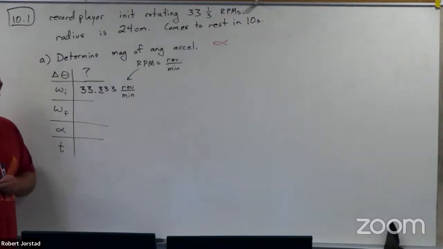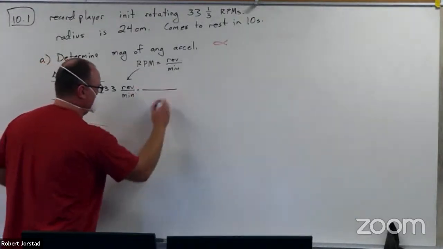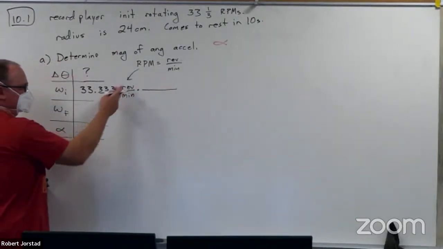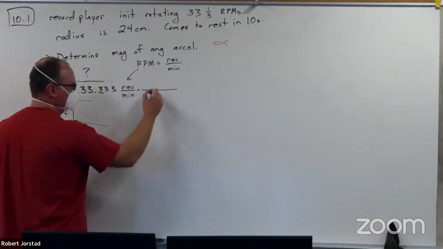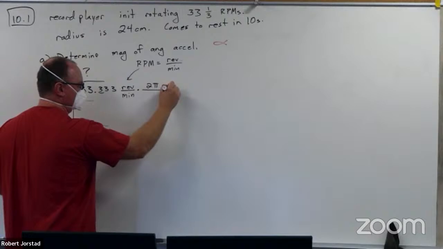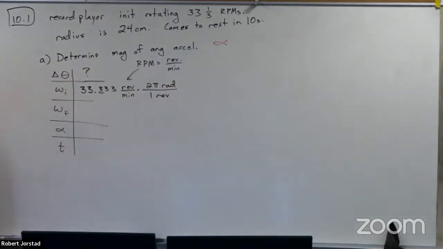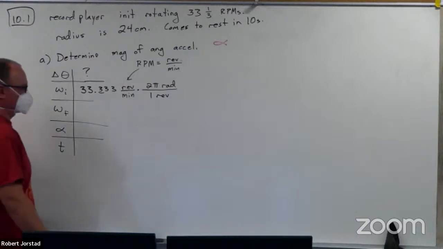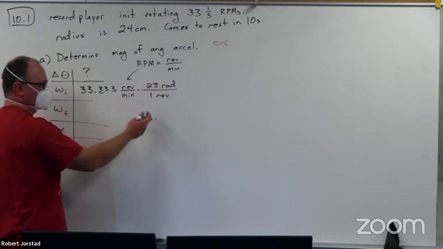Immediately, I feel uncomfortable. Let's get it into radians so I don't screw up. What's the conversion? Does anybody recall? How many radians for a revolution? 2 pi radians equals 1 revolution. When you're punching stuff in your calculator, this is one of the more common mistakes.